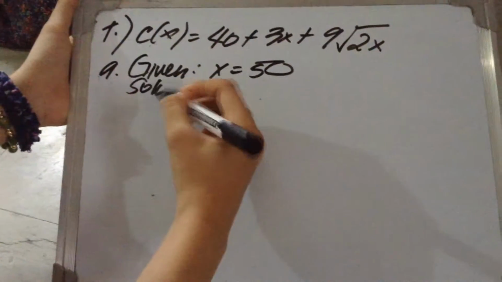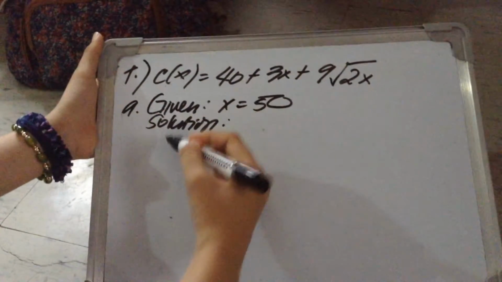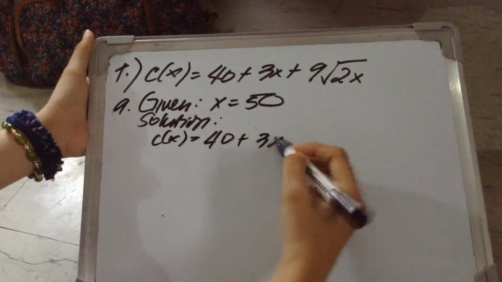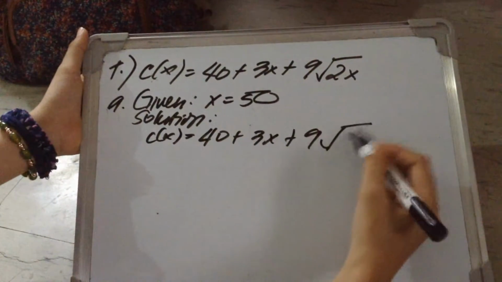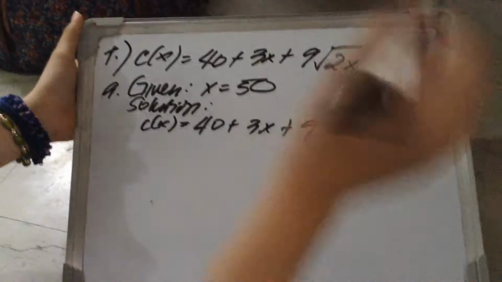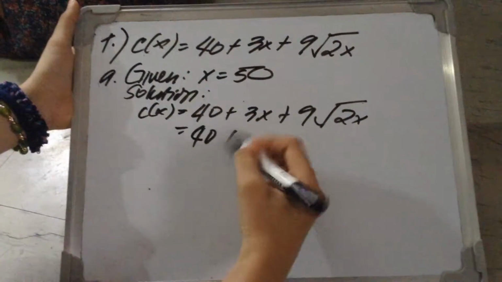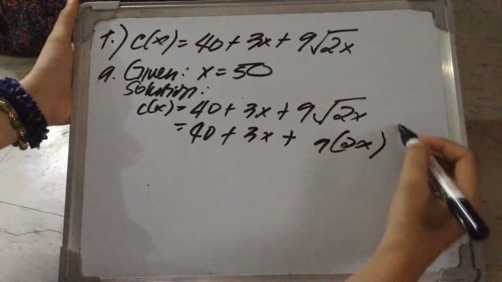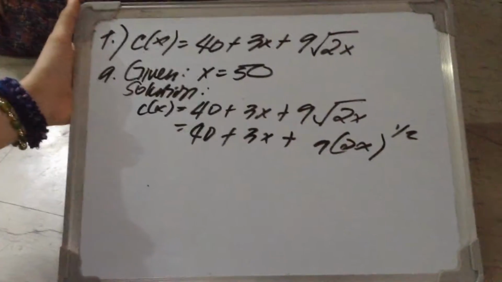Now, for the solution, we have to find the derivative of the equation written above. Before we start finding the first derivative, we have to copy the equation first, for us to be guided. 9 times the square root of 2x is the same as 9 times 2x to the power of 1/2. This is where we start finding the derivative.